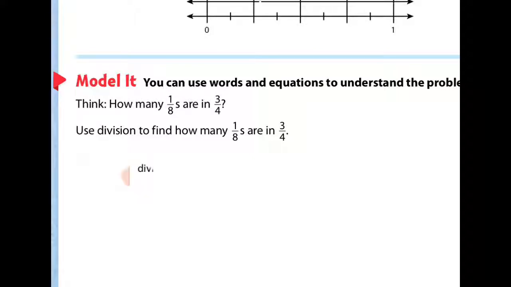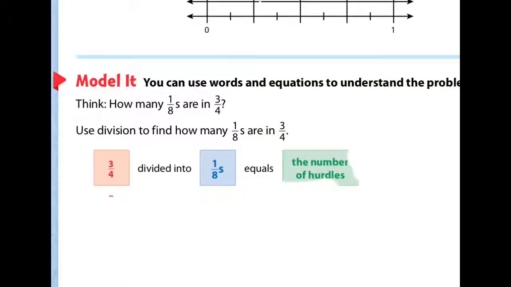So what we do here is we start with 3/4, and you're dividing it into 1/8, because you want to know how many 1/8 are in 3/4. And then that will equal the number of hurdles, right? So that's going to give us our equation: 3/4 divided by 1/8 equals question mark, the number of hurdles.